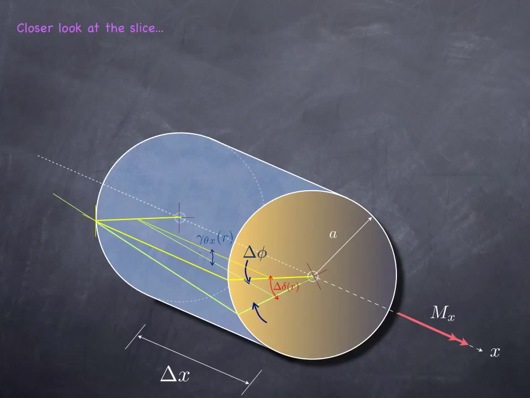I can also mark the angle that is swept by the red line across the length of the torsional circular shaft, and I'm going to simply call that gamma theta x, which is the shear strain angle, which is directly the shear strain that the shaft experiences at that position r across its cross section.